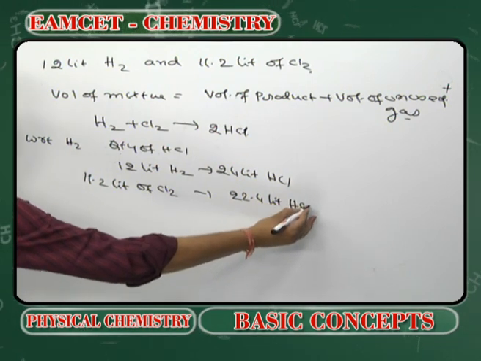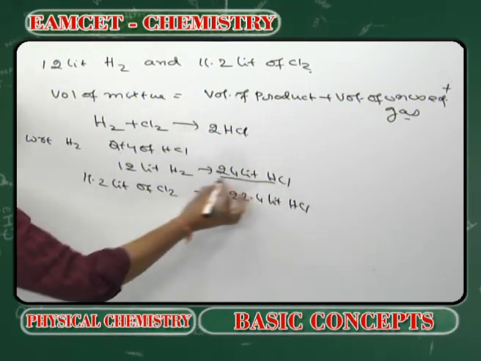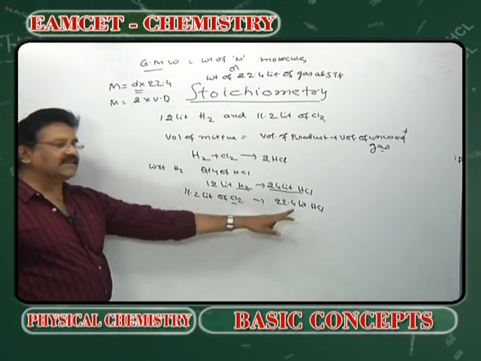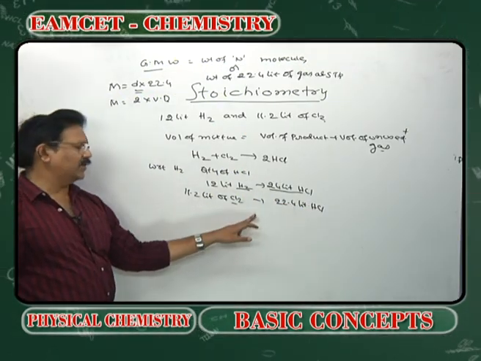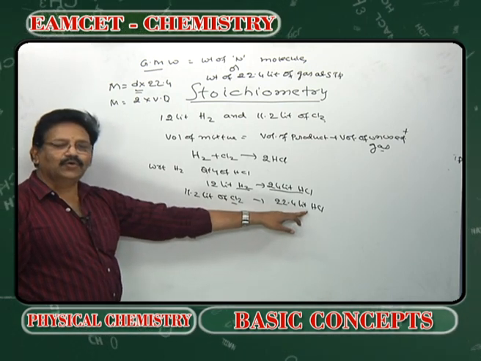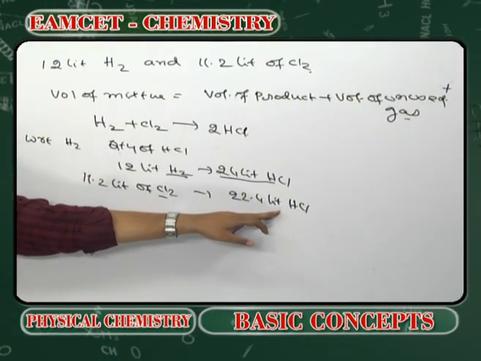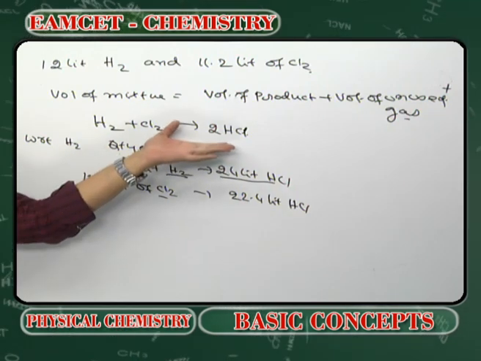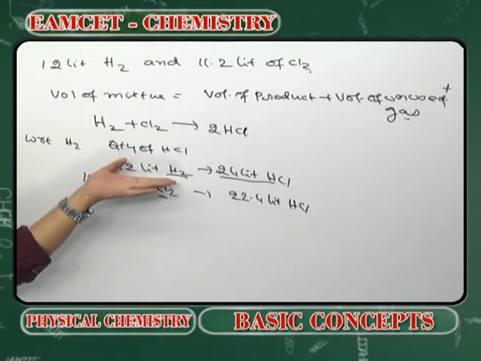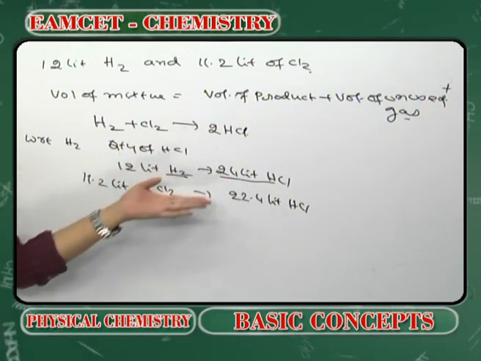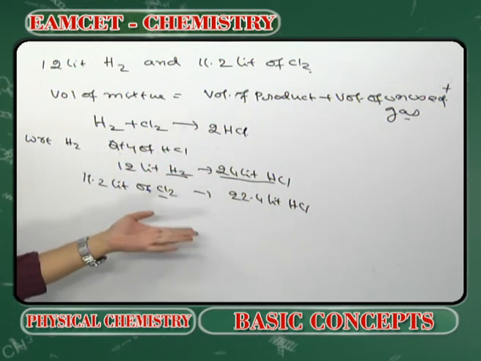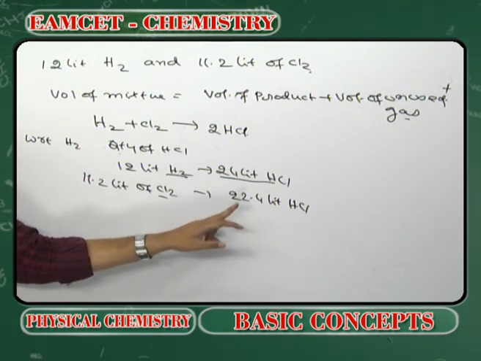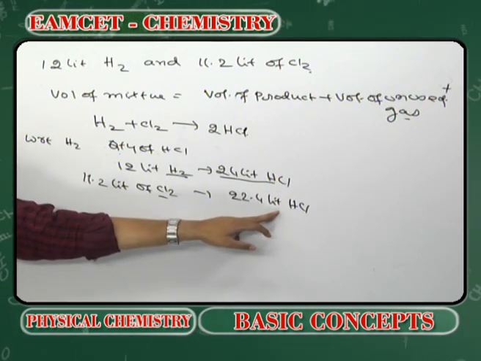Which forms less quantity of the product? Chlorine. So ultimately chlorine must be the limiting reagent. The reactant which gives the less quantity of the product will be the limiting reagent.